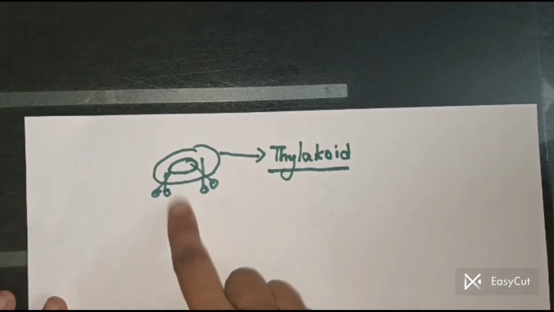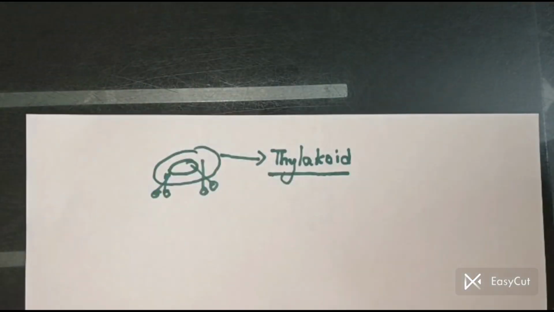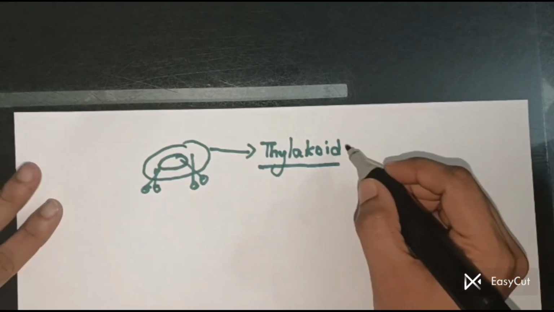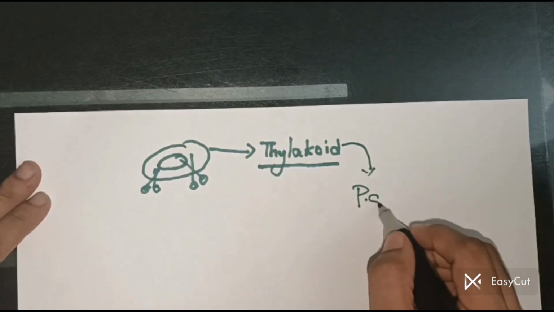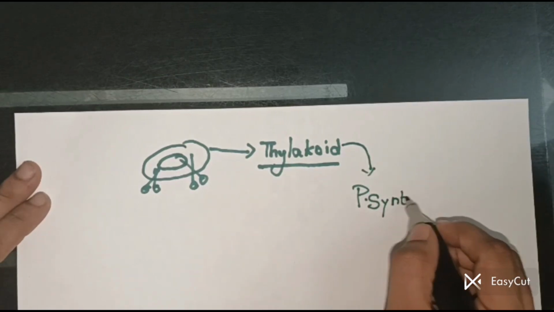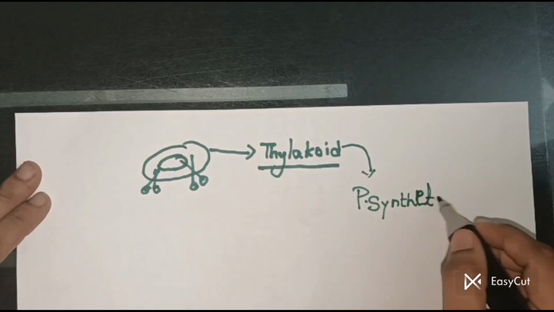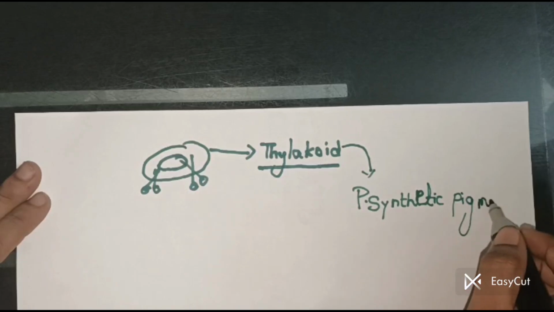I'm going to take out a small portion of the thylakoid. In the small portion of the thylakoid, assume that there are photosynthetic pigments.